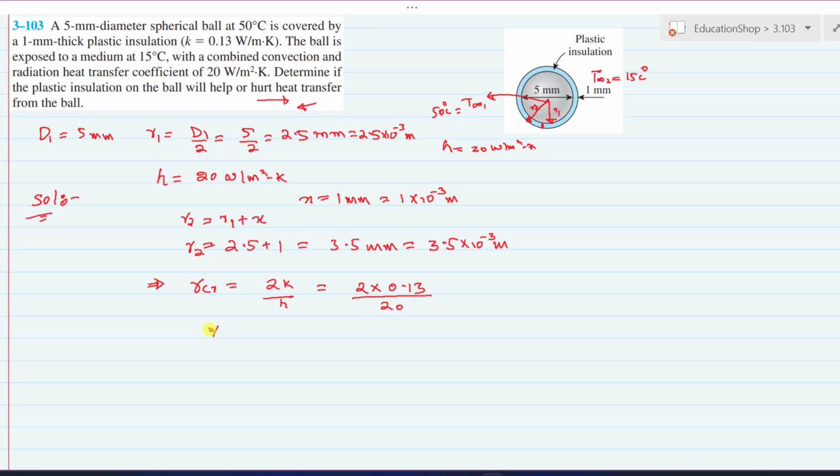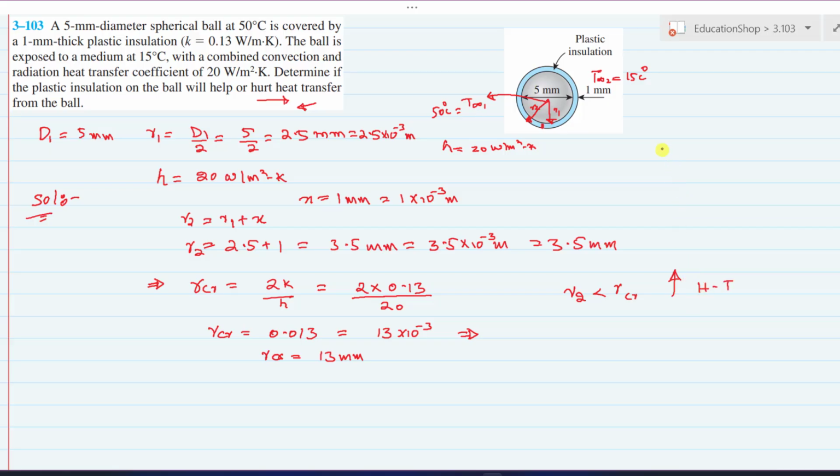Simply multiply and you will get the critical radius of insulation, that is 0.013, or in other words multiplying with 1000, you will get 13 multiplied by 10 to the power minus 3, and 10 to the power minus 3 is equal to milli. We can say that the critical radius of insulation is equal to 13 millimeter and this outer radius is 3.5mm. If the R2 value is less than our critical radius, then it will increase the heat transfer.